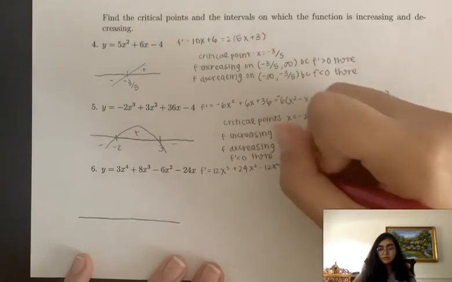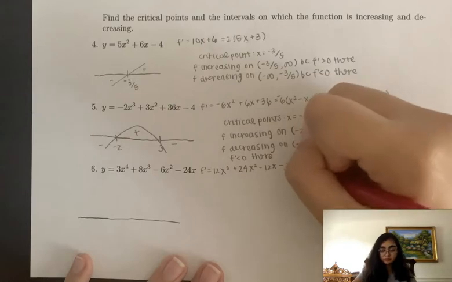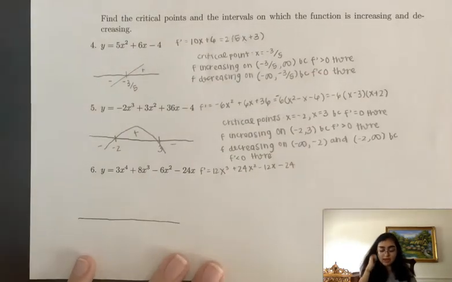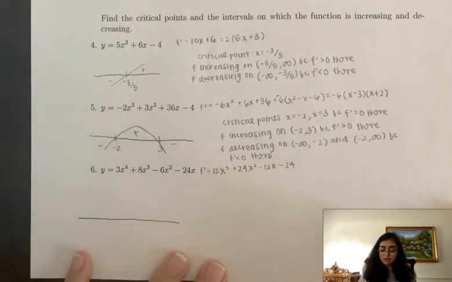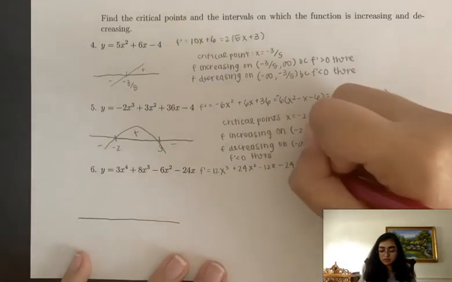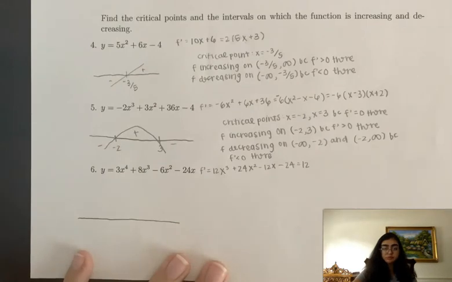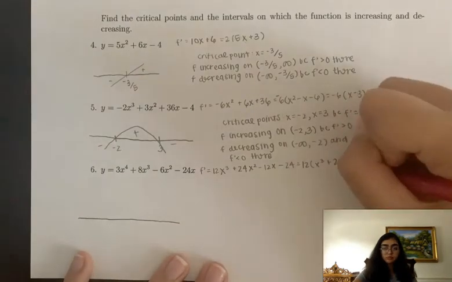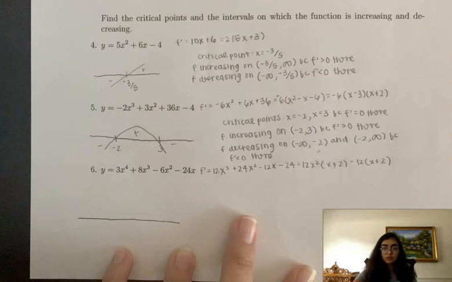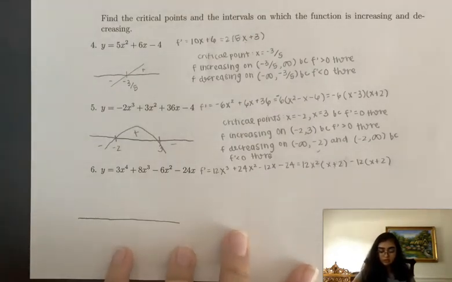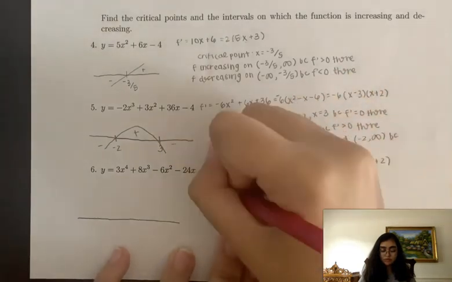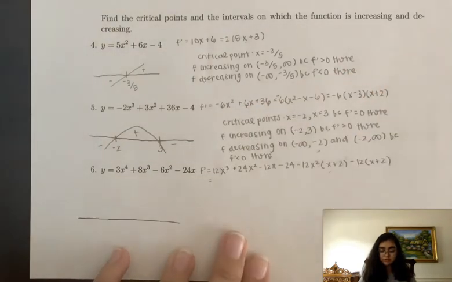I'm going to go ahead and factor by grouping here. So I'm going to have 12x squared in parentheses x plus 2 minus 12 times x plus 2. And then finishing that step, I'm going to get 12 times x squared minus 1 times x plus 2.